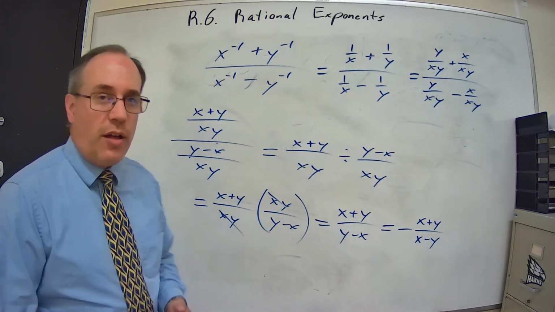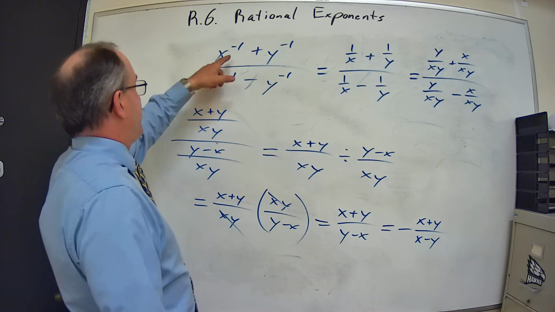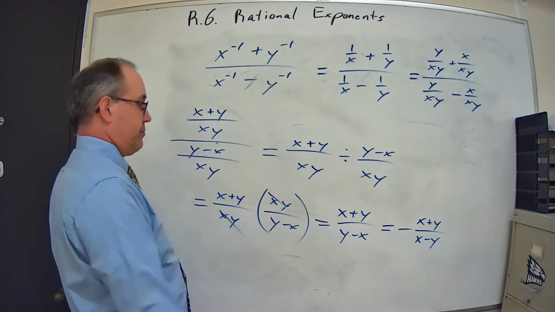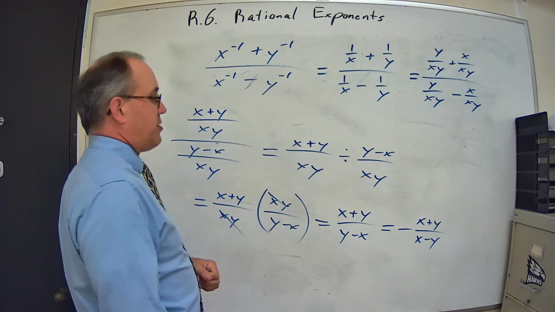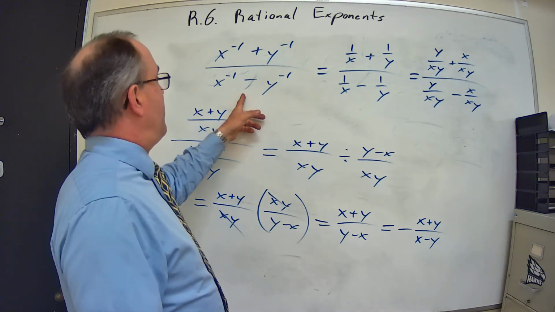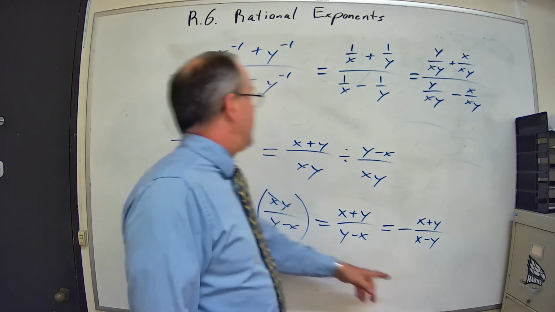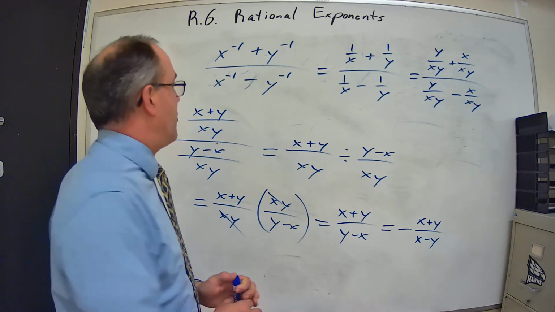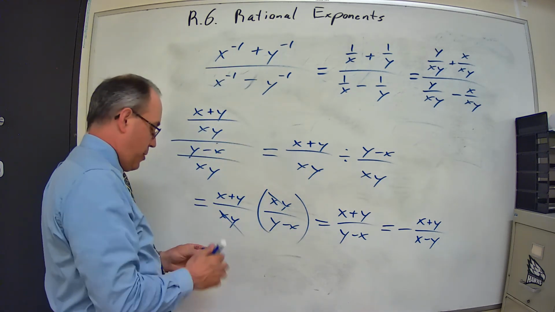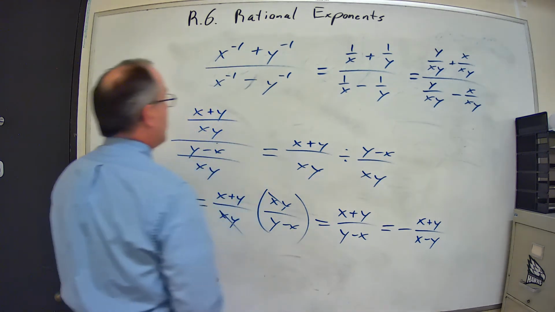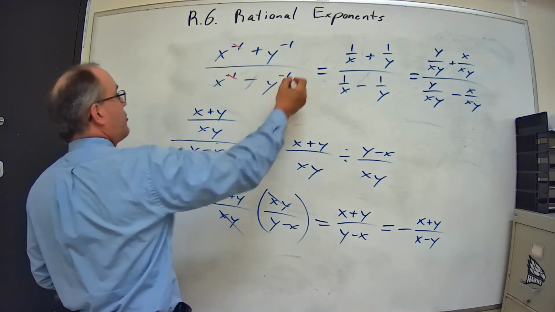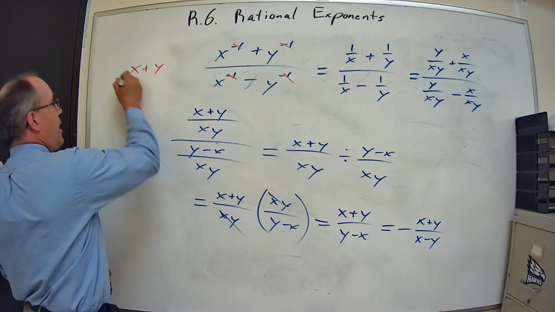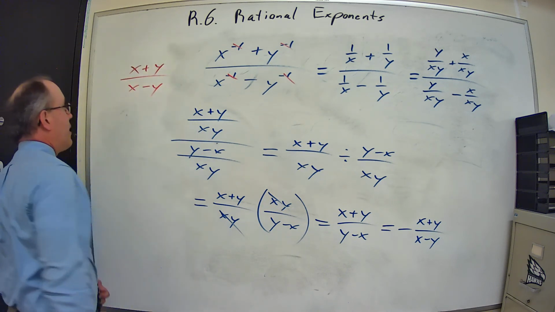Just be careful of the common mistake, which is to see all these exponents the same and go, oh, we can just cancel that out. Now it did, in the end, turn out very close, but notice it did not turn out the same. If we had canceled these out, I'm going to put this in red because it's wrong, then we would have had x plus y over x minus y.